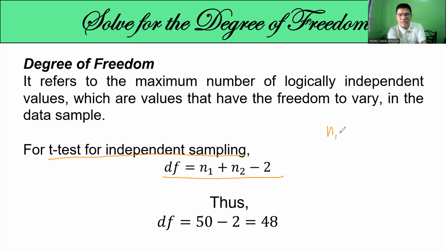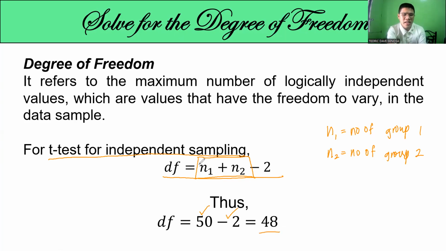Your n sub 1 is the number of group 1 and your n sub 2 is the number of group 2, or the male and female. This n sub 1 plus n sub 2 is also the total number of respondents, because there are a total of 50 respondents here. So 50 minus 2 is 48.